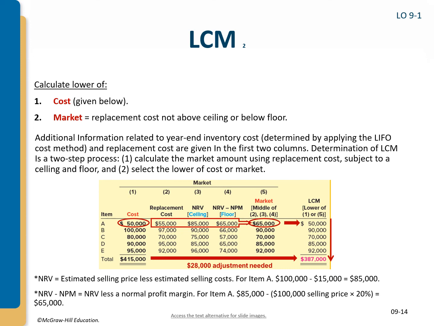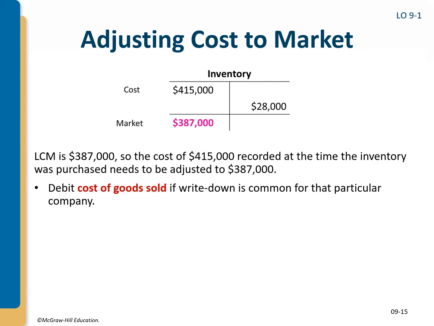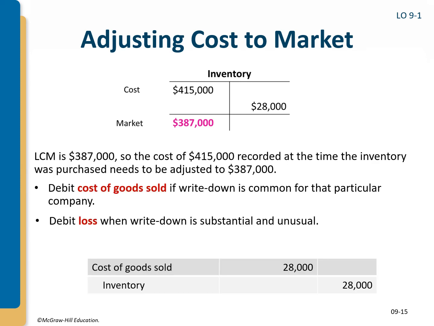Once you determine the lower of cost or market, applying that exercise, total up what your inventory value should be, 387,000. What is it currently at? The cost, 415. So you would make an adjustment for $28,000, debiting cost of goods sold and crediting inventory.